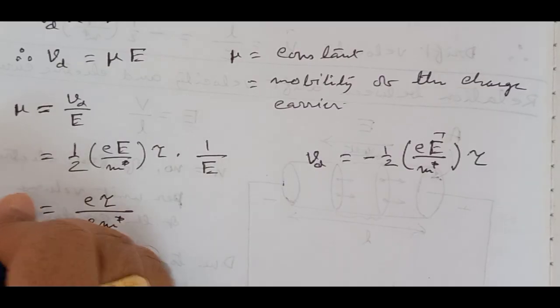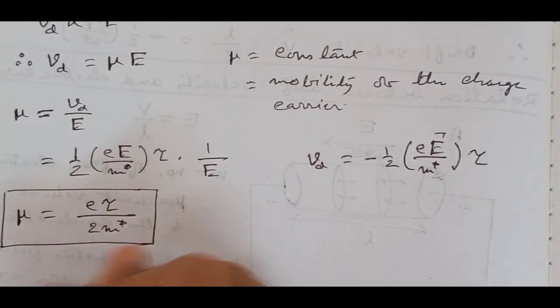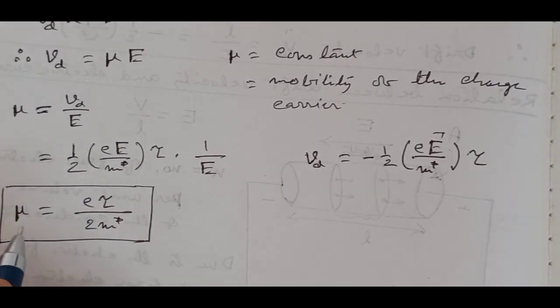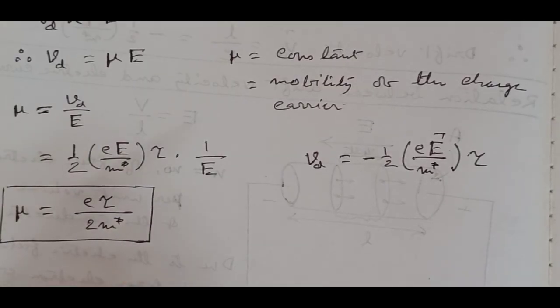This is the equation of the mobility, or the relation between mobility and relaxation time of the electron.